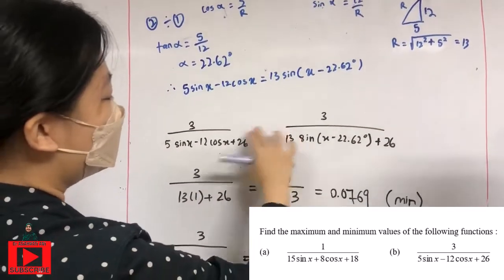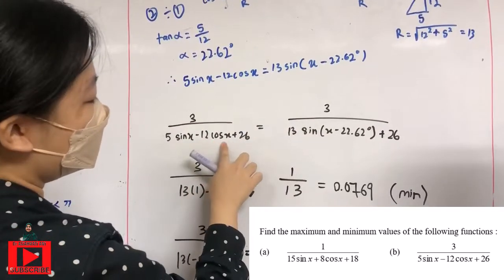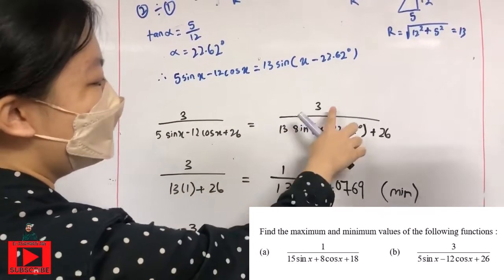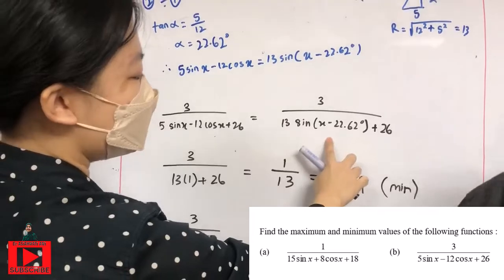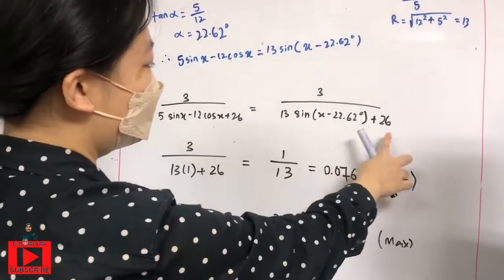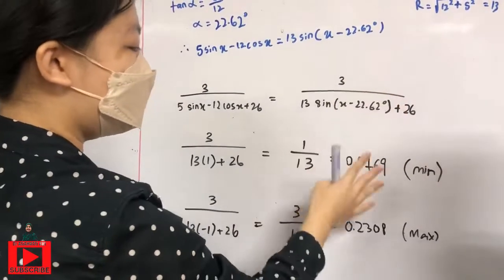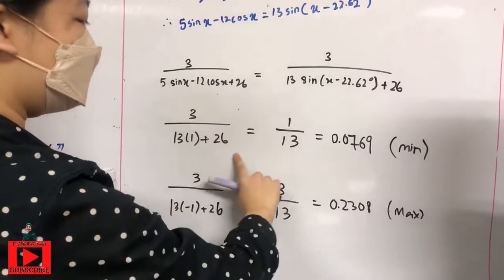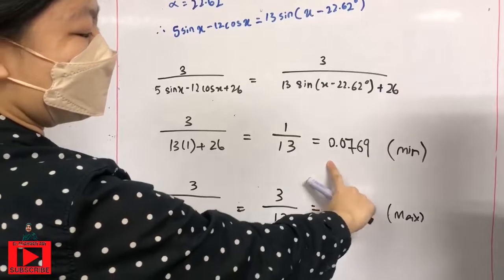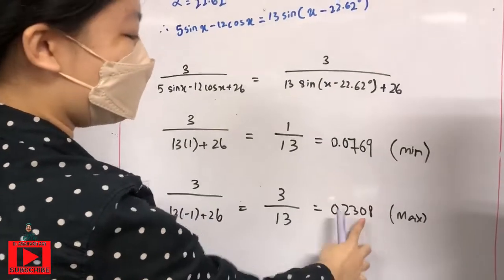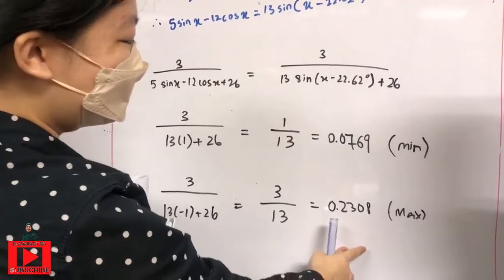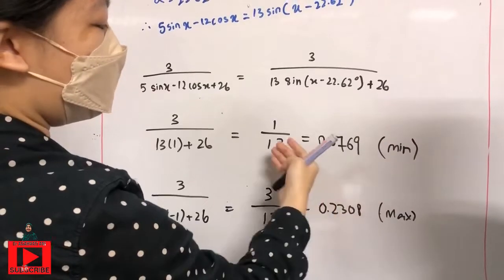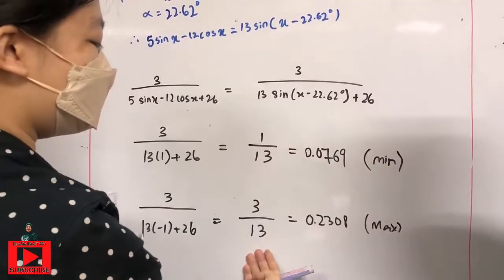So 3 over 5 sin X minus 12 cos X plus 26 is equal to 3 over 13 sin(X minus 22.62 degrees) plus 26. To find the minimum and maximum, we just substitute 1 and -1 and see the value. I convert to decimal form so that it's easier to see. So we know that 1/13 is the minimum and 3/13 is the maximum.